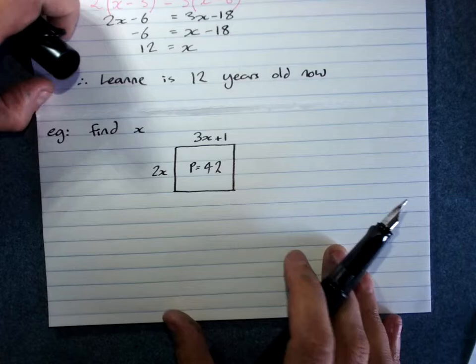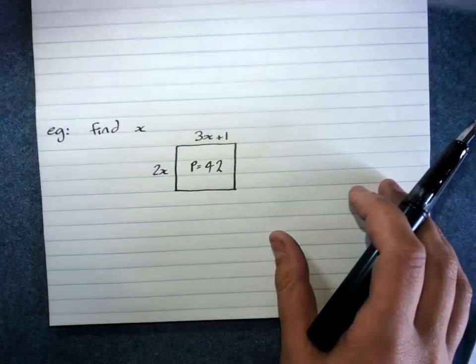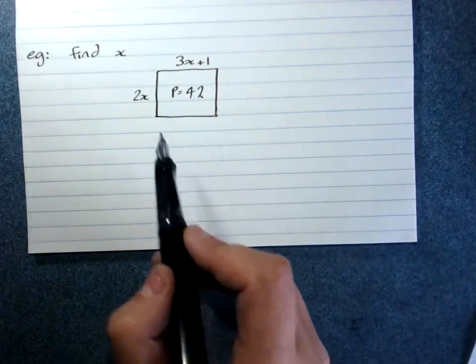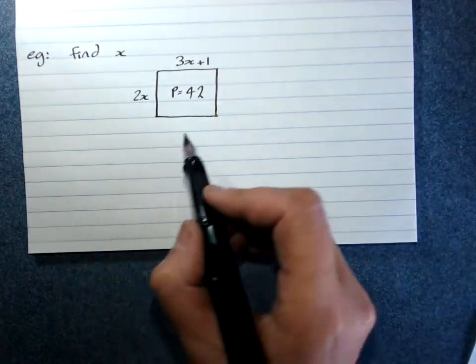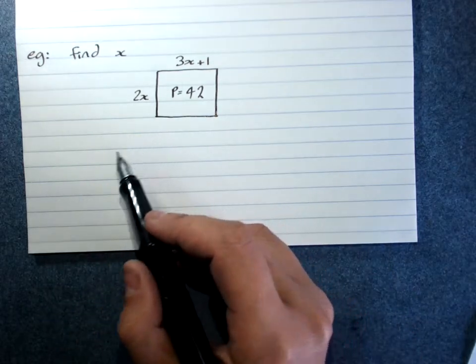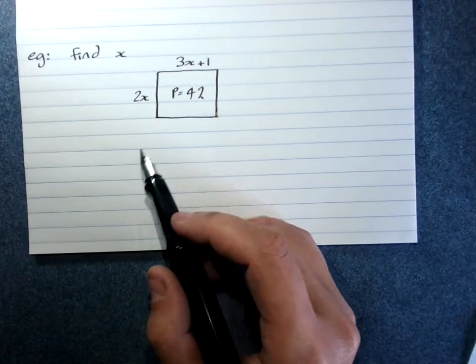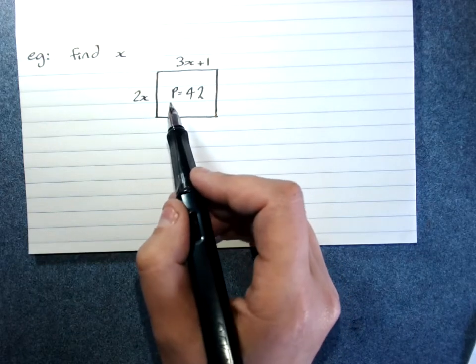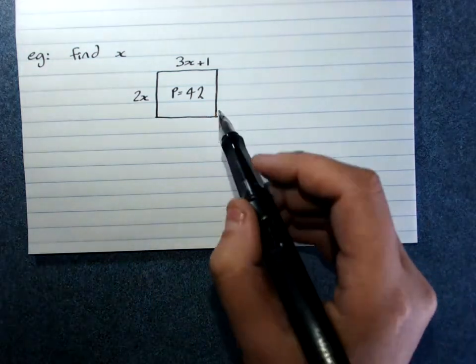Another type of problem that we'll often get is a shape problem. So this one here, find x. They've given you some information, and from this you'll have to find an equation that you can solve. So they've given you the perimeter. Sometimes in later questions they might give you the area.